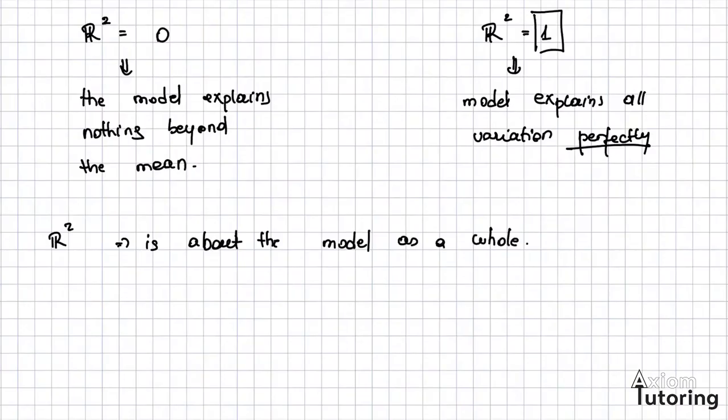So it's not about any of the individual coefficients, which then brings us to the question: if this is telling us something about the model as a whole, what is it not telling us? And what it does not tell you is that there is a causal relationship.